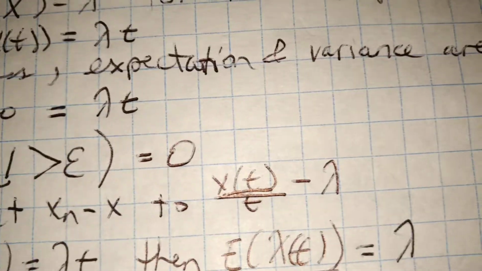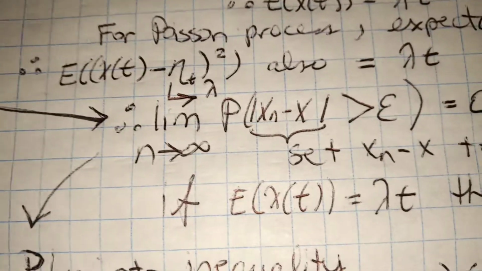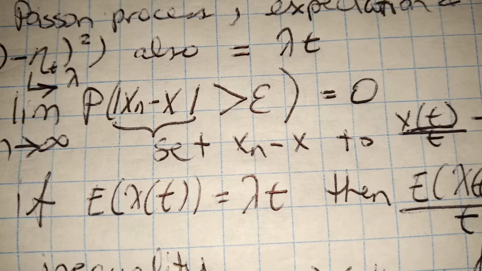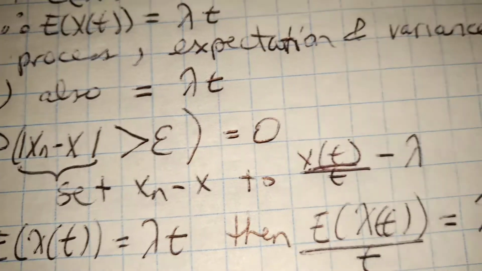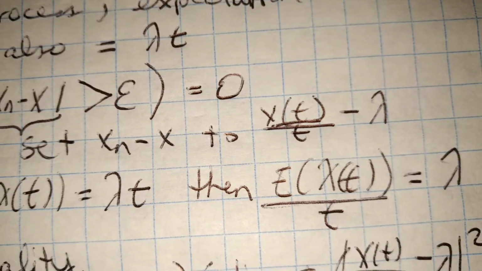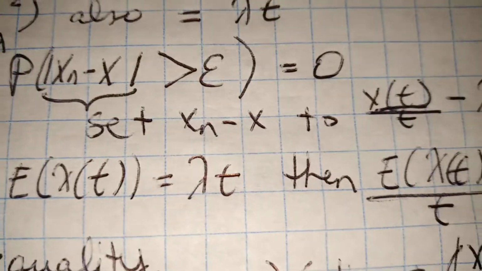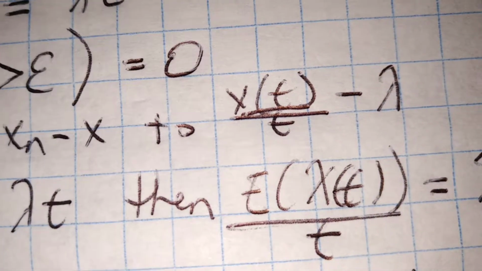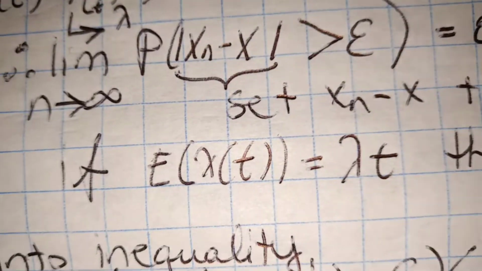And the reason we can do this, it's kind of hidden in this, where we have the E of X(t), which was equal to λt for Poisson processes. If you start rearranging that to find λ, you have E of X(t) over t is equal to λ, and essentially E of X(t) over t minus λ would be equal to 0.